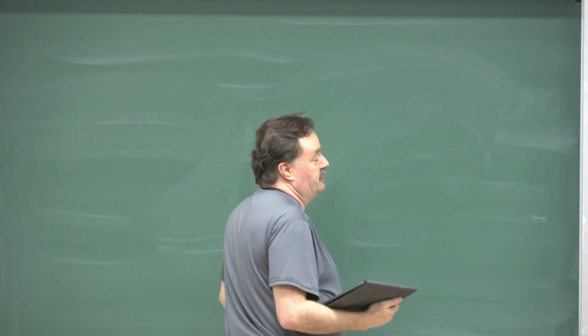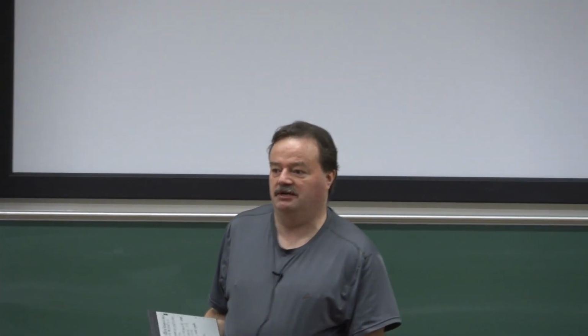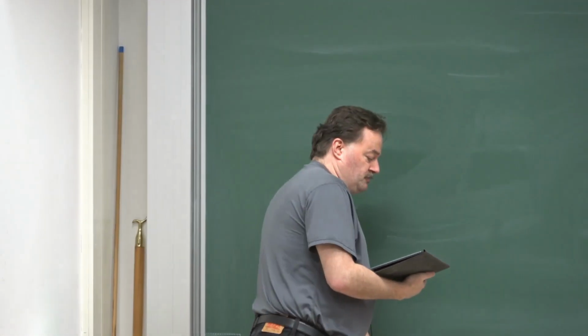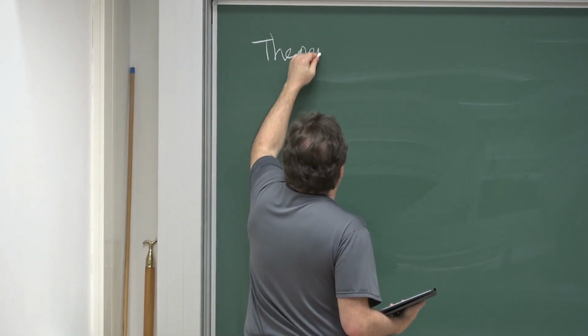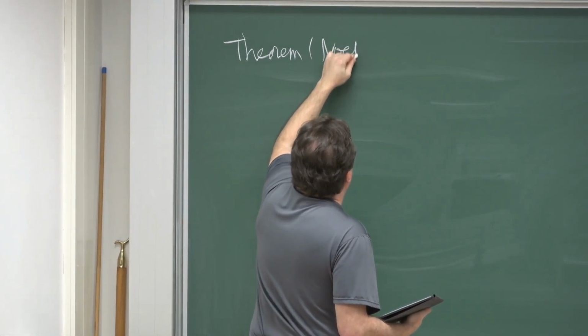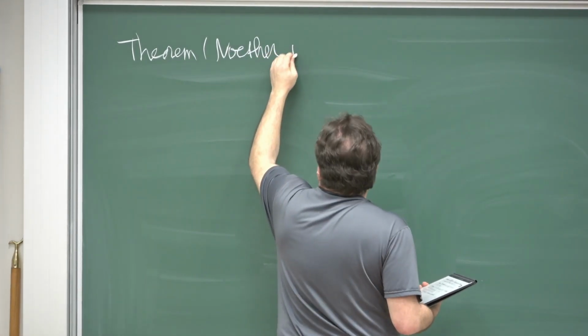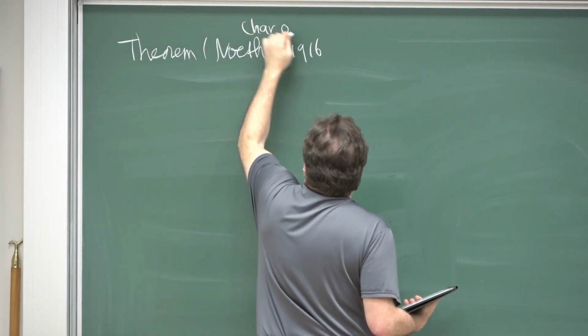So these are permutation representations. So what about if you have an arbitrary representation of a finite group? Now there was already a bound by Noether, Emmy Noether, in 1916, which is true in the characteristic 0 case.